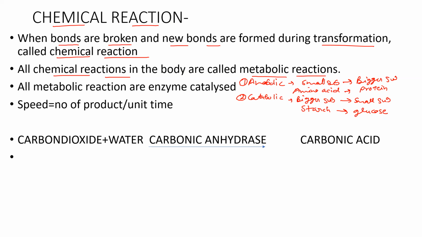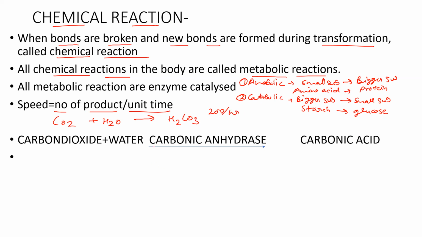So how do we measure the speed of these chemical reactions? By measuring the number of products per unit time, like carbon dioxide and water combine and form carbonic acid. 200 molecules of carbonic acid are produced per hour.